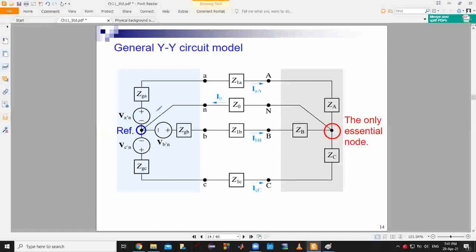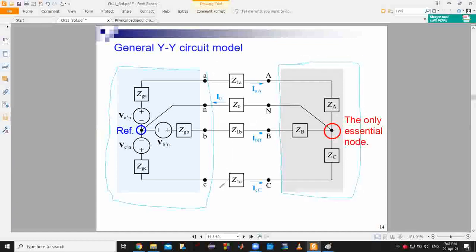So here is a general Y-Y circuit model or configuration. These parts have their names, and this right here is the source. You see, it has a different color. This right here is the load. We're trying to deliver power to this.